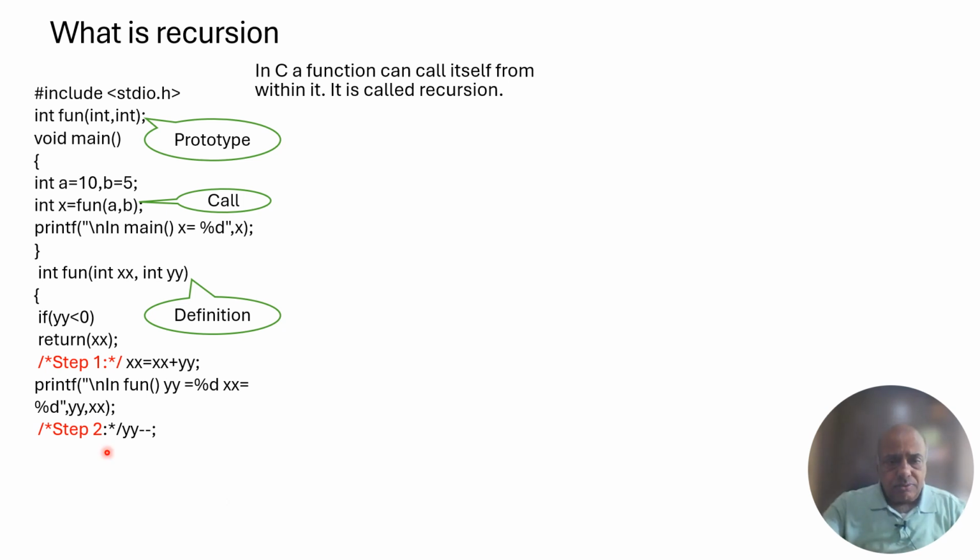Unless we modify the value of yy in such a way that it approaches and reaches 0, we cannot return from this function. If yy never becomes 0, what will happen? This function will go on calling itself and the program will crash. What happens is there is a memory segment called stack.